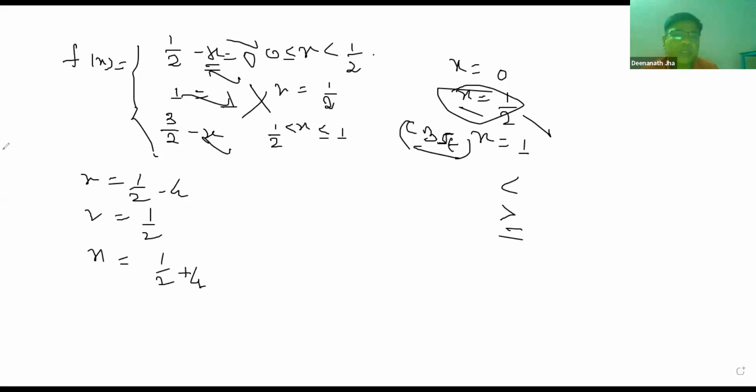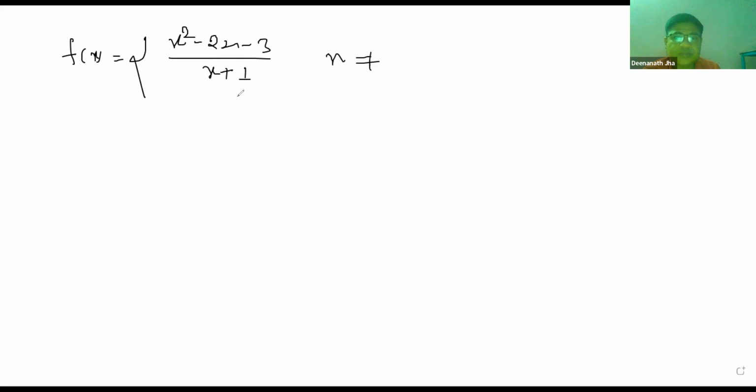Okay. Now, next question. f(x) is x square minus 2x minus 3 divided by x plus 1 when x is not equal to minus 1, and lambda when x is equal to minus 1.